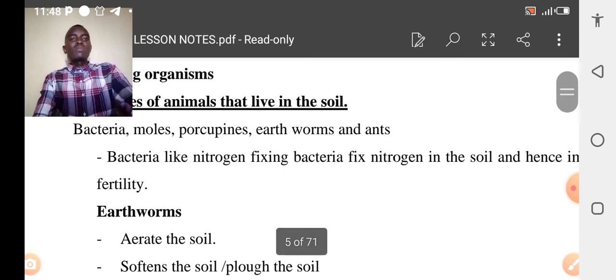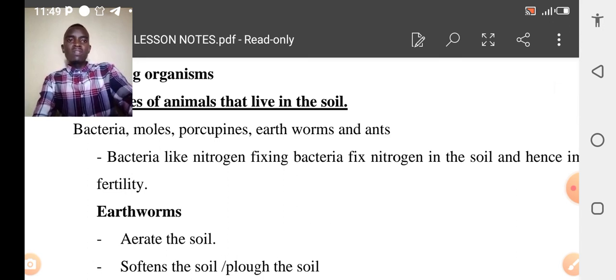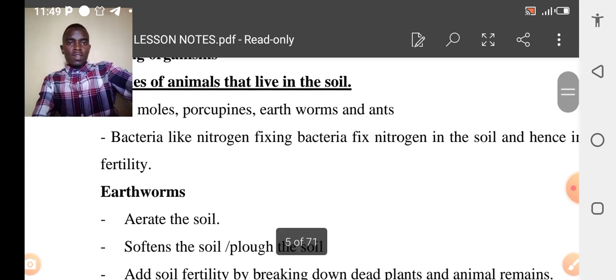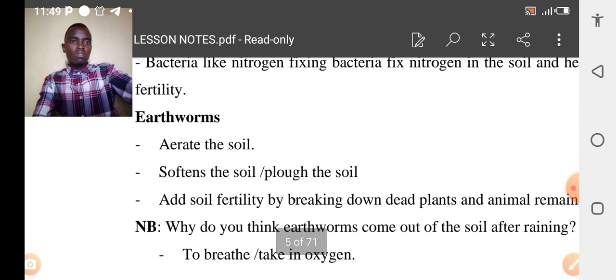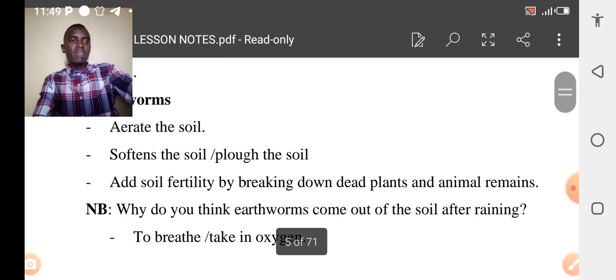Earthworms aerate or soften the soil and add to soil fertility by breaking down dead plants and animal remains.